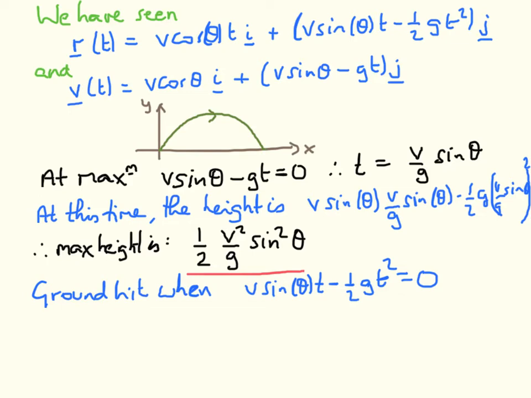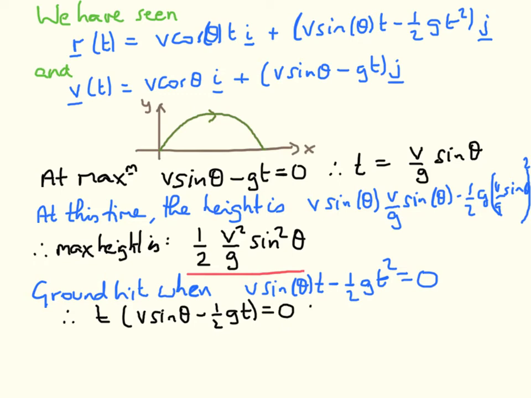So this tells us that we have t times v sine of theta minus a half gt is equal to 0.